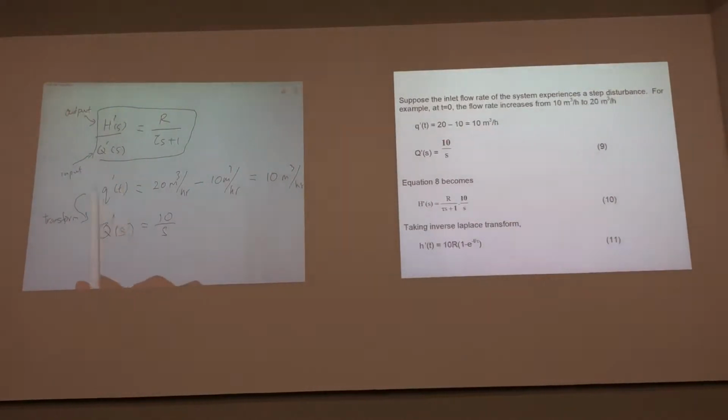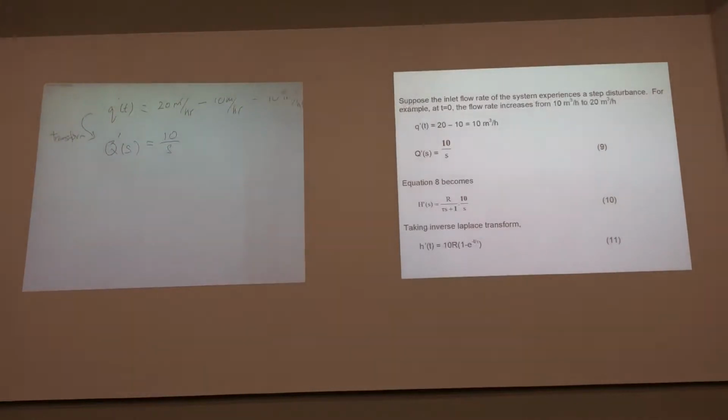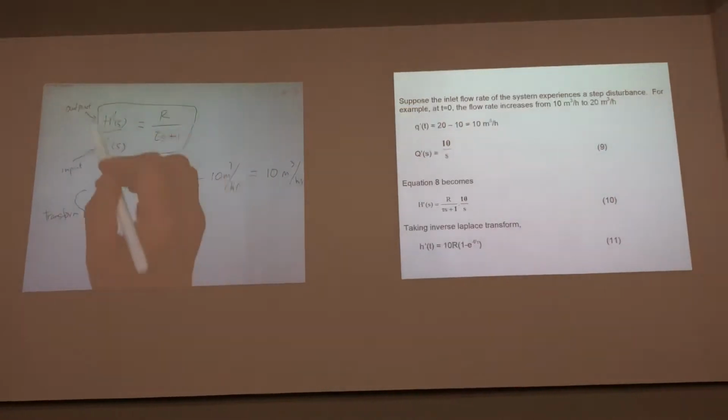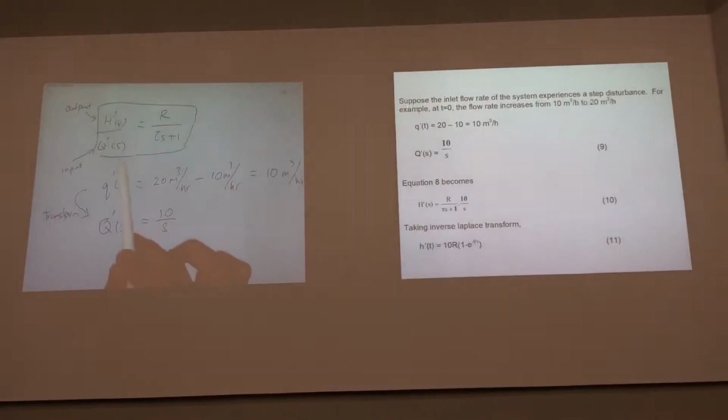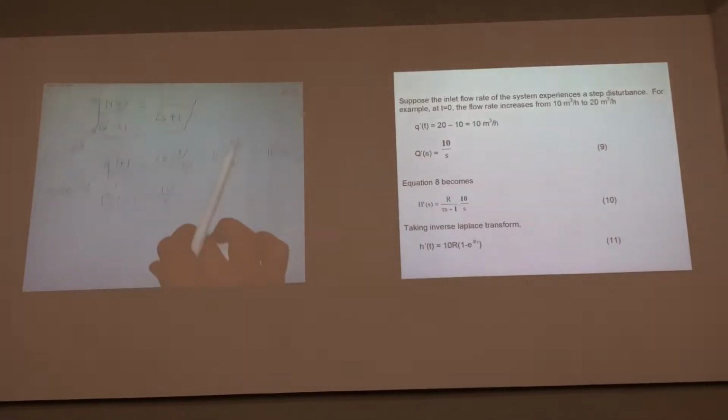So if I transform my inlet based on the changes, Q prime S equals 10 divided by S. And remember the transfer function that I have here: capital Q prime S is now 10 over S, so I can substitute it in.